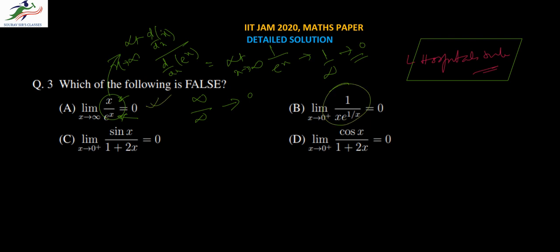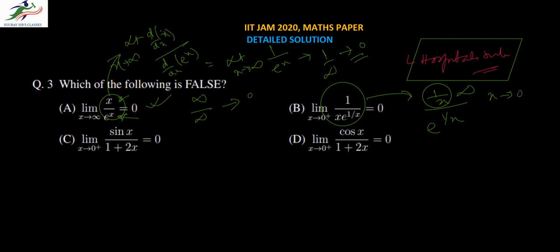If we look at the next one, this is nothing but a replication of the first option, because we can rearrange this as 1 by x by e to the power 1 by x, and this one tends to infinity as x tends to 0, and is very similar to the first option.